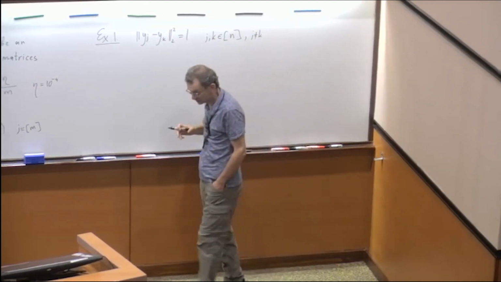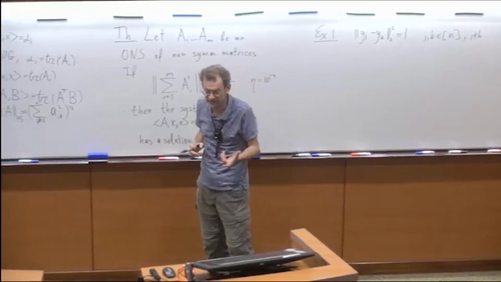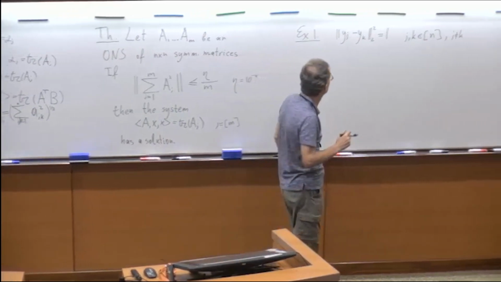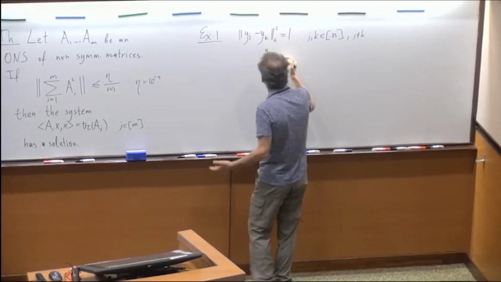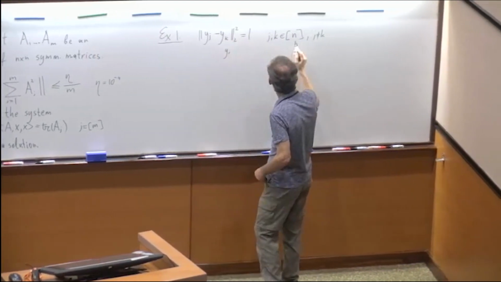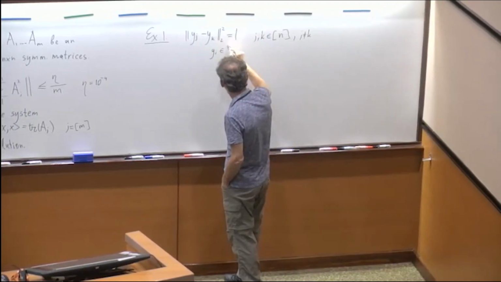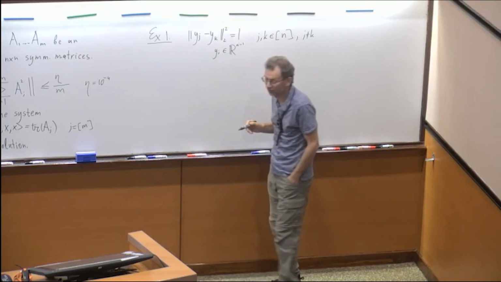Everybody knows what this system describes. All the distances are the same. This is a simplex. And the lowest dimension in which a simplex with n vertices can exist is that yj should be in n minus 1 dimensional space.